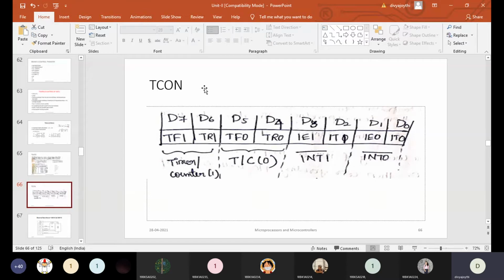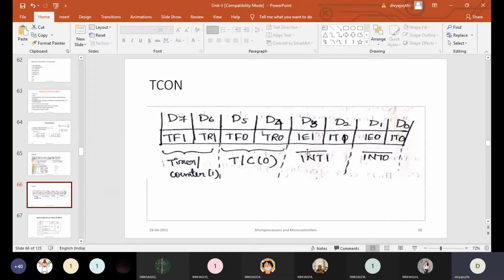I'm repeating it once again: the very important function of the TCON register is whether the timer is on or off. Whenever I say timer, understand that it can be timer or counter, whether timer or counter is on or off. That information is given by the TCON register.